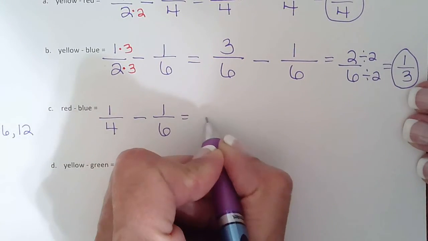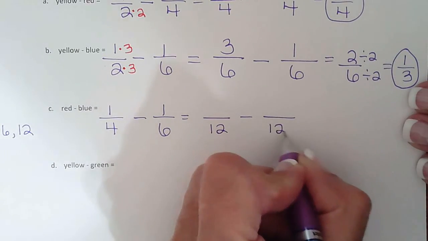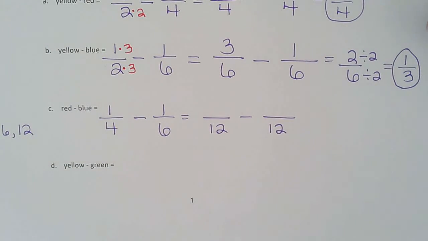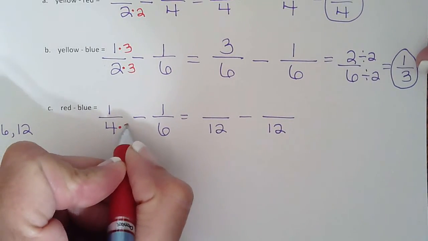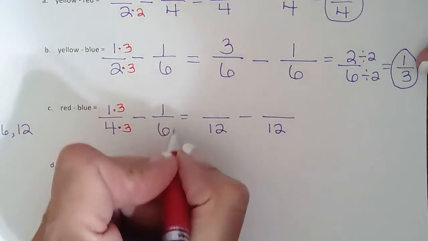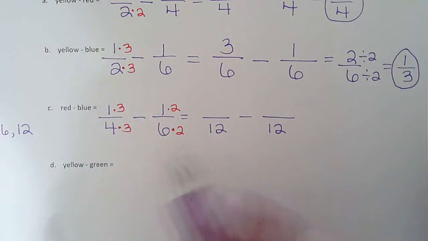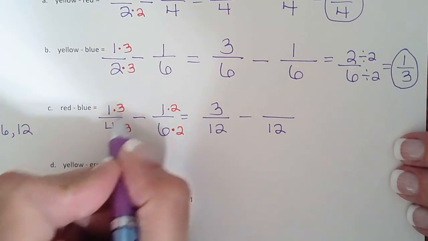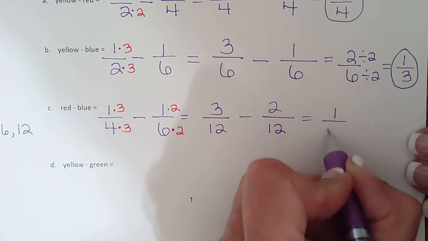Yes. So there's my common denominator. So this time both fractions are going to need to be multiplied. So 4 goes into 12 3 times. So multiply numerator and denominator by 3. 6 goes into 12 2 times. So multiply them both by 2. So it's looking like 3/12 minus 2/12, which is 1/12.